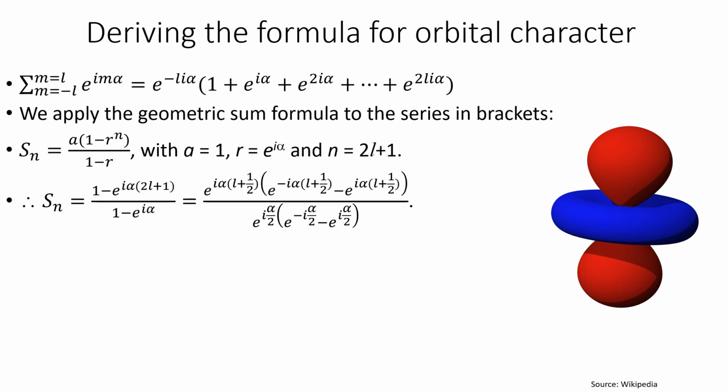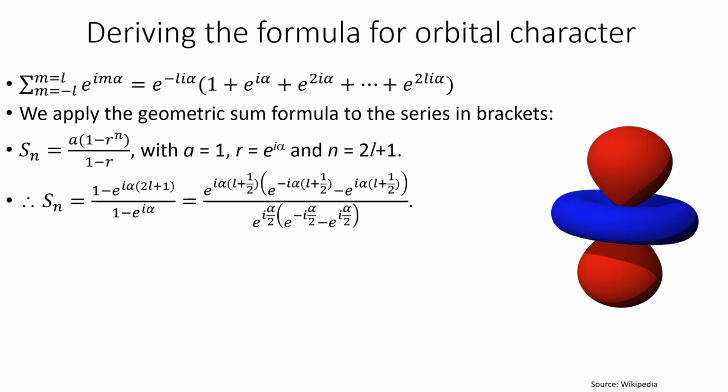And then the second term, minus e to the i alpha (l plus a half). Of course, when you multiply that by the term outside in the brackets, those two exponents are the same, so they just add up and it gives you the e to the i alpha (2l plus 1) that we want. And then I've done exactly the same thing on the denominator, except this time it's i alpha over 2 that I've taken out. And so you can see how the contents of the brackets, if they're multiplied out, give you what's on the left hand side.